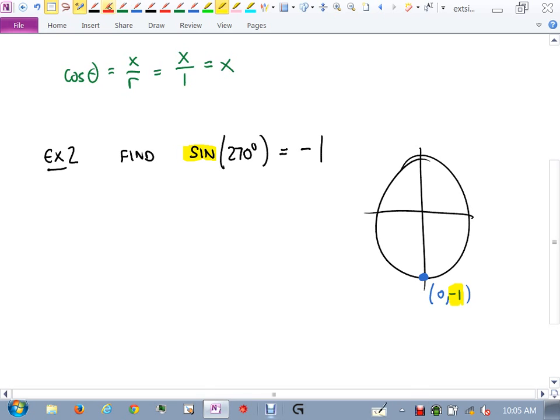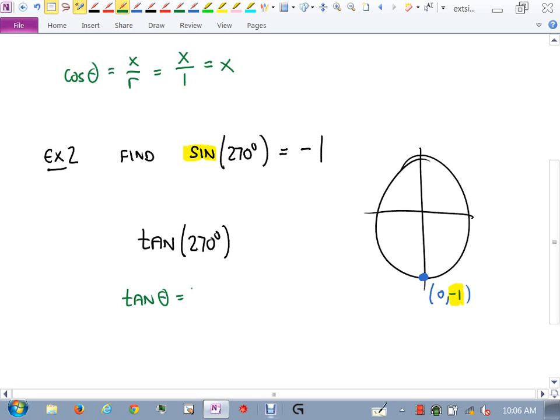What is tangent of 270? Well, what's the definition of tangent? It's y over x, isn't it?